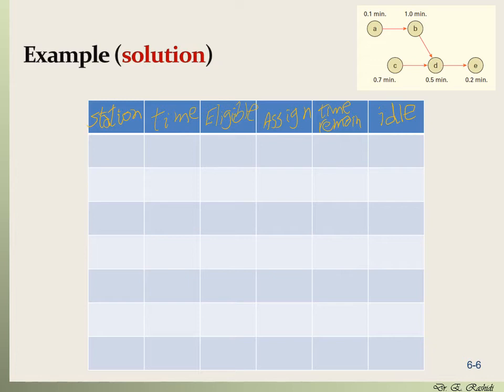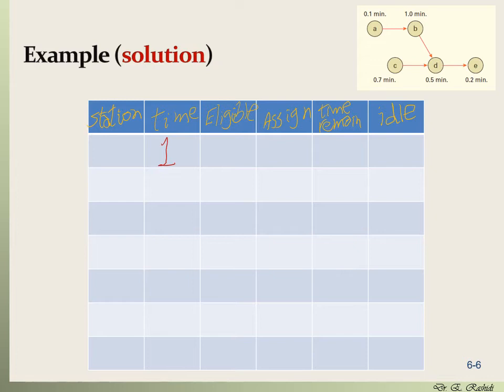We have 3 workstations, and we want to decide which of these tasks should go to which workstation. The second column is time remaining, which for all workstations starts at 1 minute, the cycle time, the maximum workload allowed for each workstation.